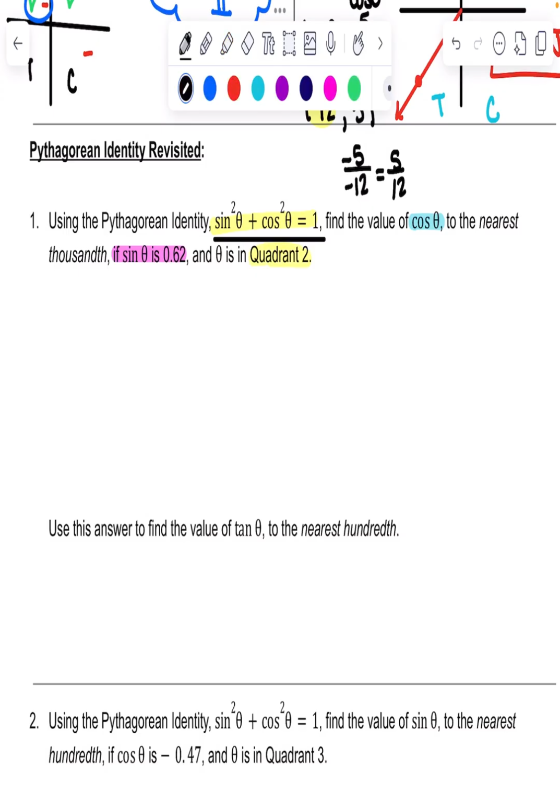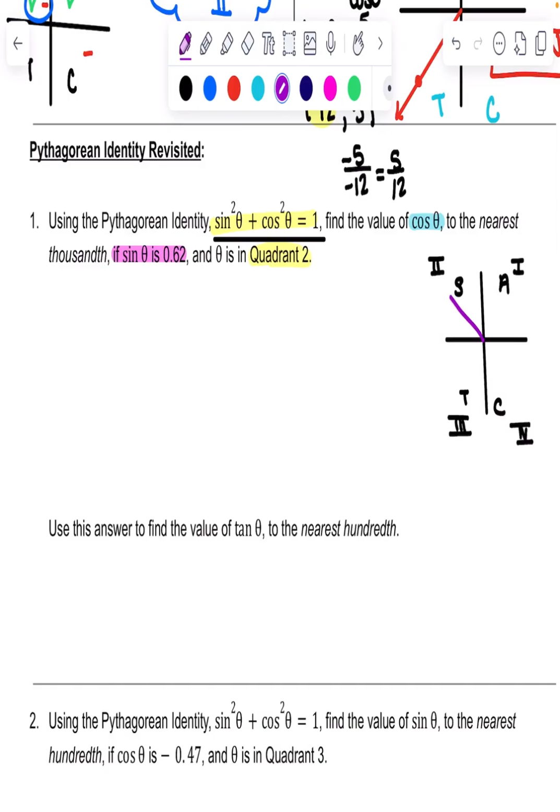Before we do anything, immediately to the side, draw a little xy axis. We put A, S, T, C, 1, 2, 3, and 4. They tell us we're in quadrant 2.